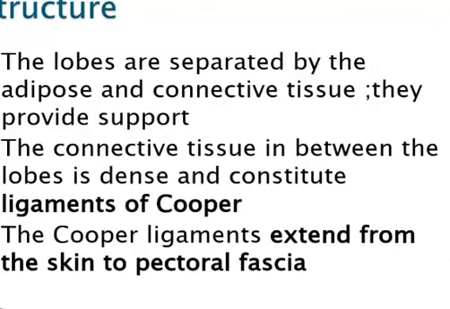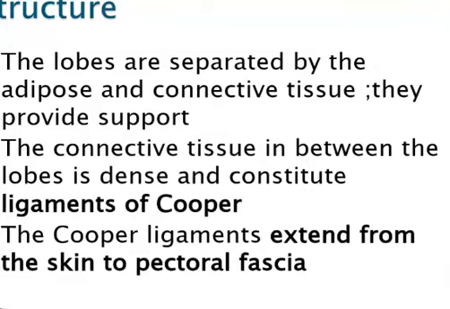These lobes are separated by fatty tissue and connective tissue, which also provide support. The connective tissue that runs between them is called Cooper's ligaments. The connective tissue in between the lobes is somewhat dense and constitutes the ligaments of Cooper.